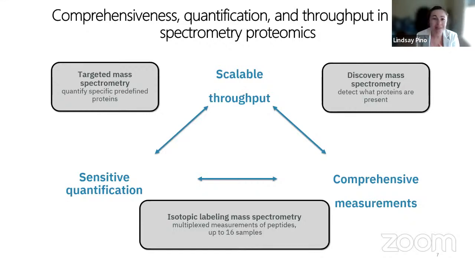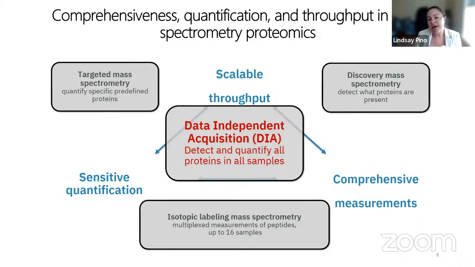So even though you mixed them together, now you have the exact same number of samples that you started with. You measure them by DDA and analyze them with your software of choice. Lots of different software options for DDA. The downside of doing this isotopic labeling is typically you're capped at like 16 samples. So if you need to analyze 600 samples, for example, this might not be your best choice.